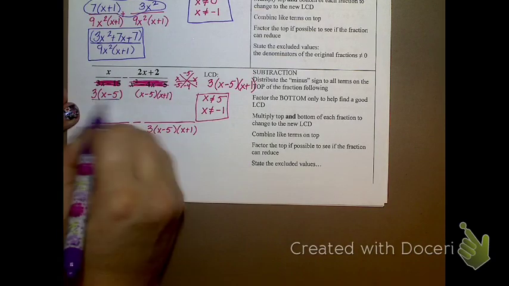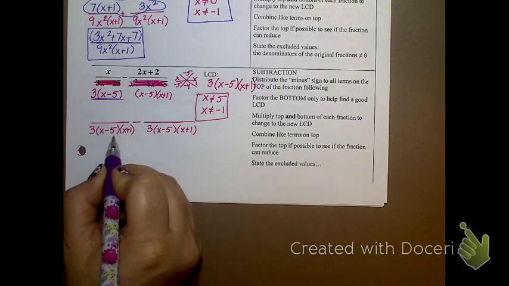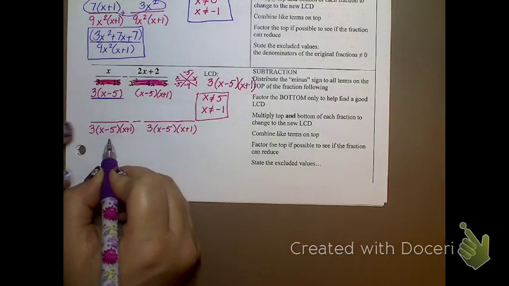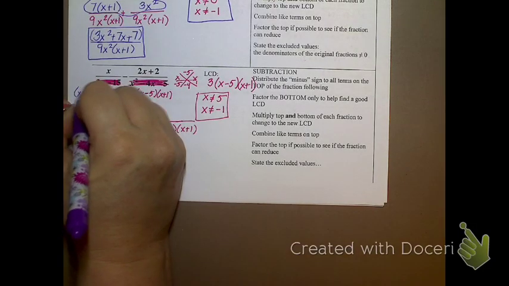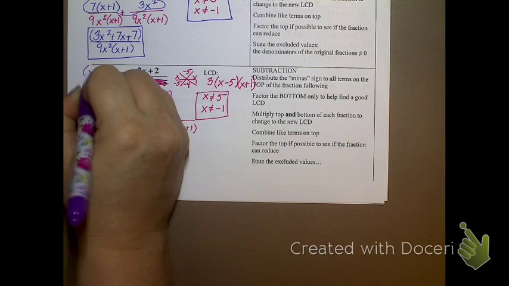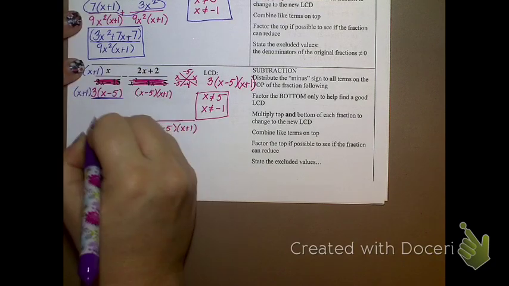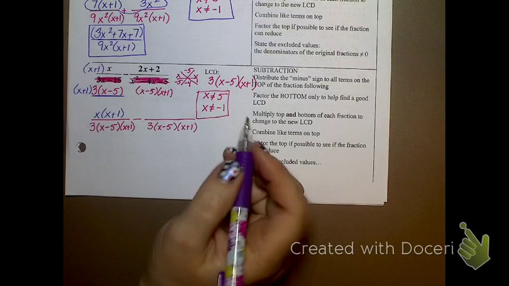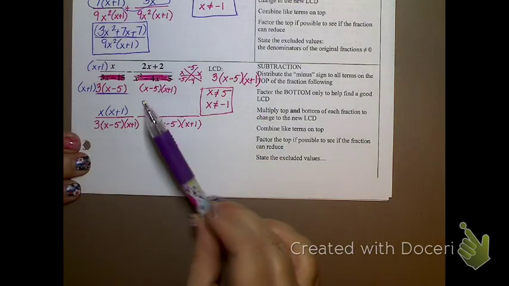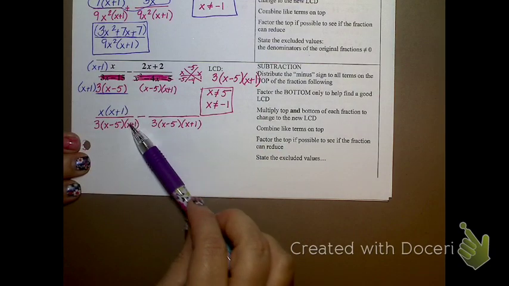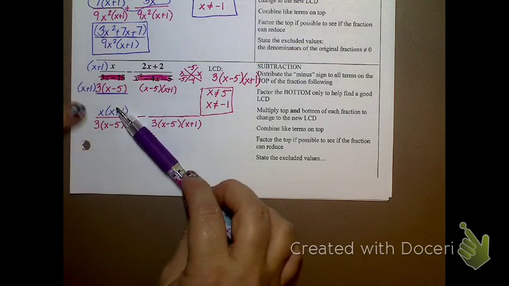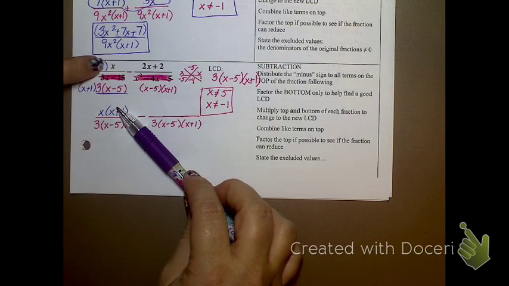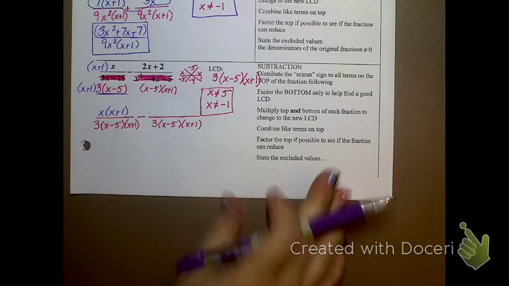How do I get from here to this denominator? What do I have to multiply by? X plus 1. So if I have on the top x plus 1, I get x parentheses x plus 1. That's what the new numerator has to look like. Again, if I cover up what would cancel from those, I should have what the original fraction was. X over 3x minus 5. Got it. That means I did it correctly.